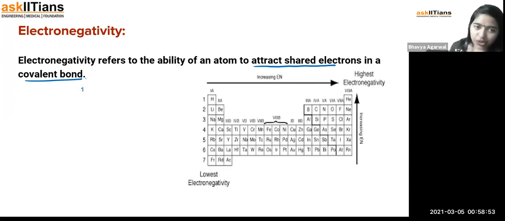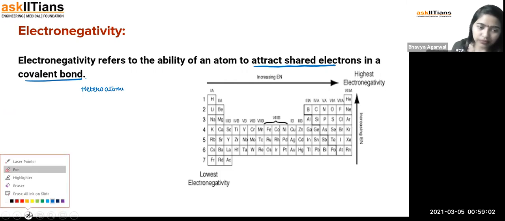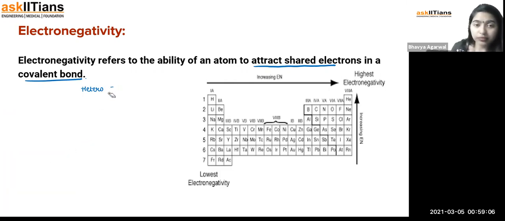Okay, so suppose we have a heteronuclear diatomic molecule.